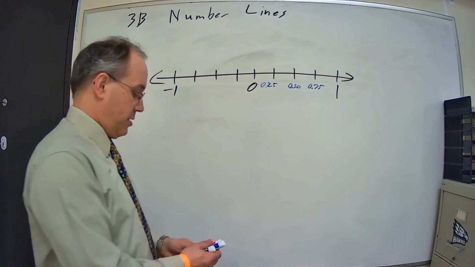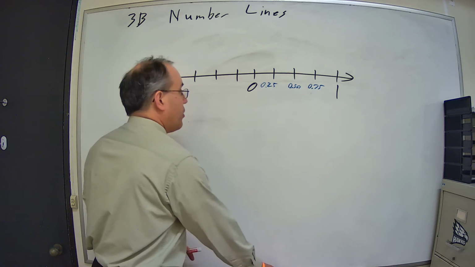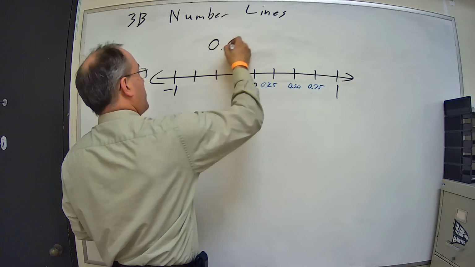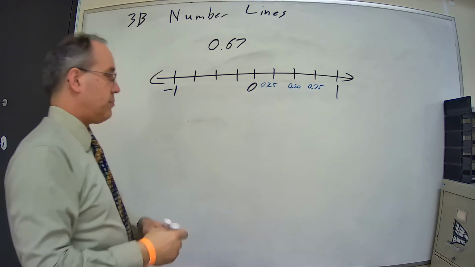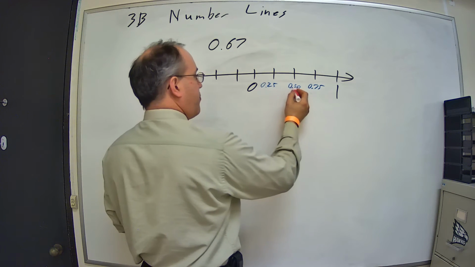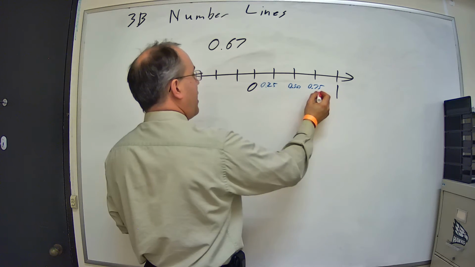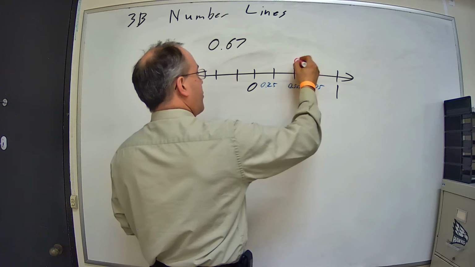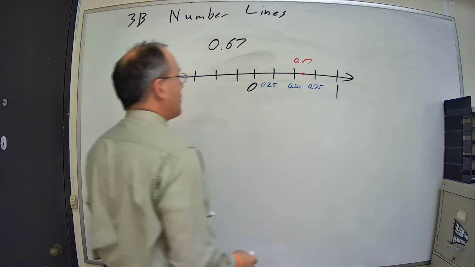The reason this gets fun to play with is that now if I have 0.67, I'm going to come in here, that's 0.25, 0.50, 0.75, so it's somewhere in here, so we have 0.67.